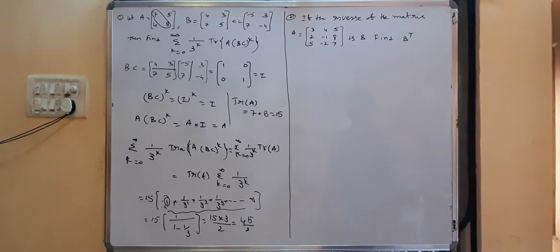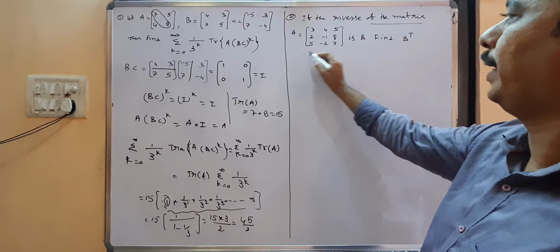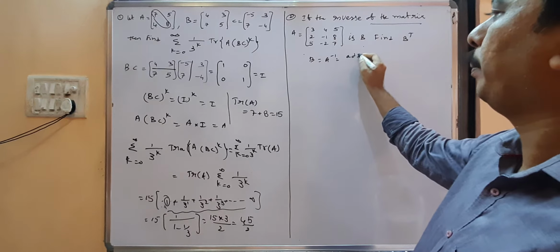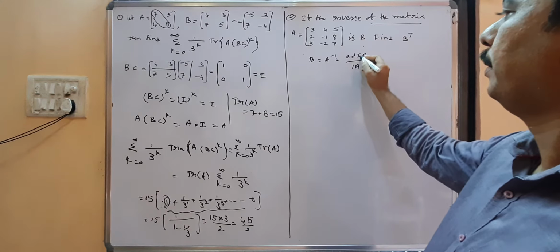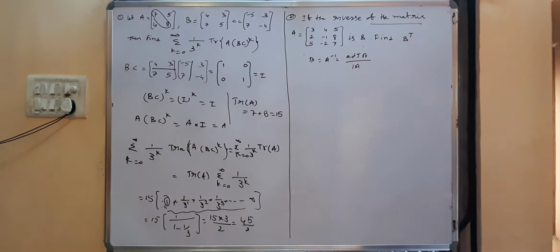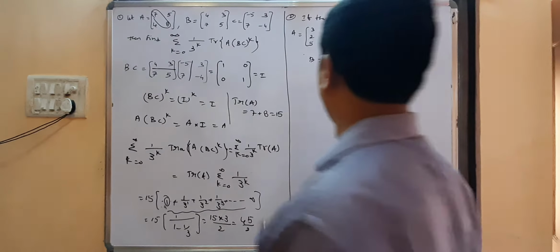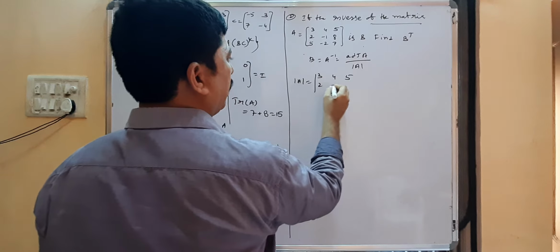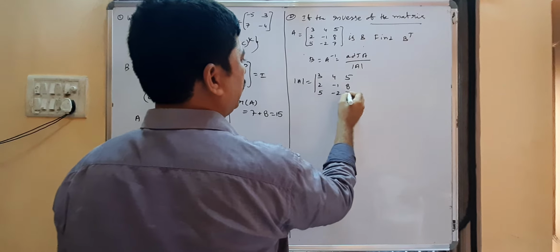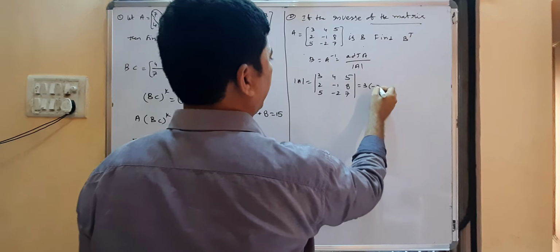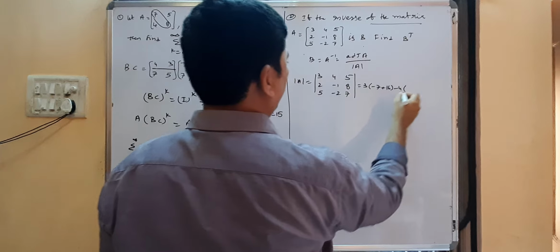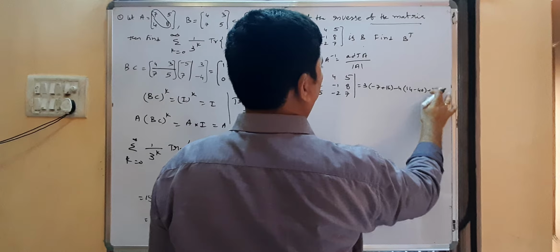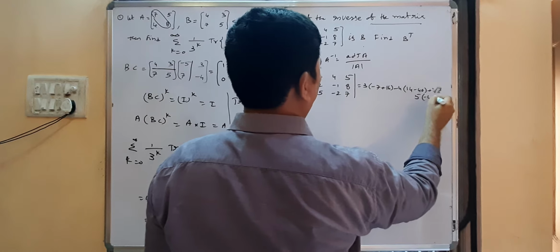Coming to the second question. If the inverse of the matrix A is B, then B is A inverse, that is adjoint A by det A. Now you have to find det A and adjoint A. Det A means, expanding: 3 into minus 7 plus 16, minus 4 into 14 minus 40, plus 5 into minus 4 plus 5.